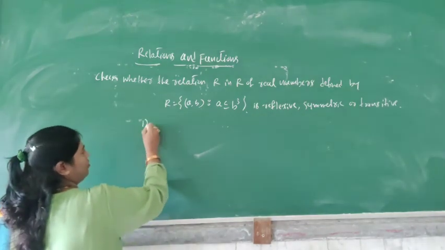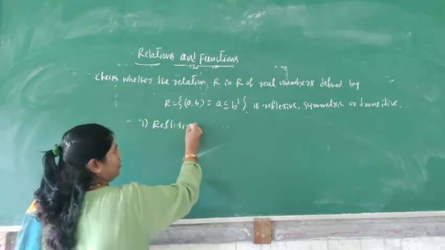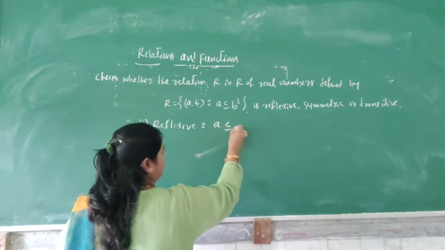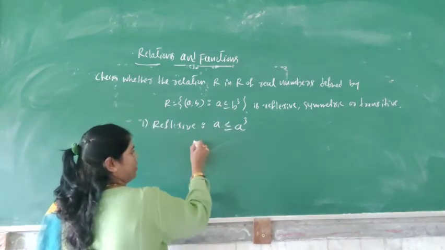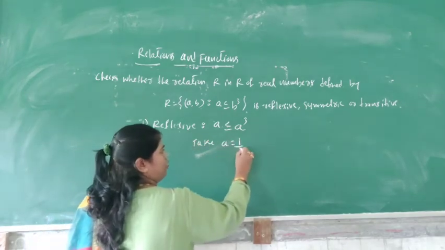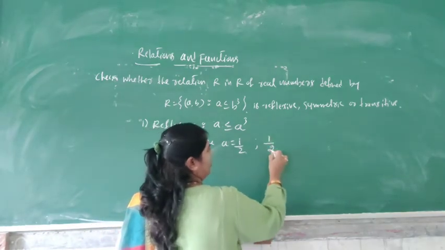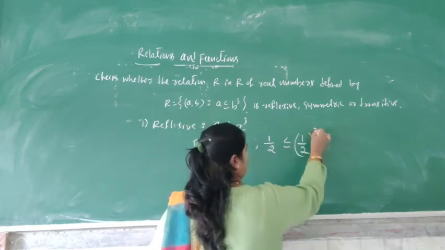Reflexive. First one is reflexive. What is the reflexive statement? A is less than or equal to A cube. Counter example: take A equals 1 by 2. So 1 by 2 less than or equal to 1 by 2 whole cube.